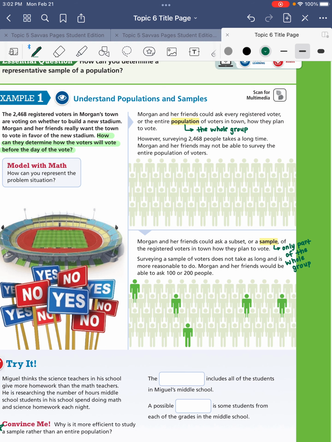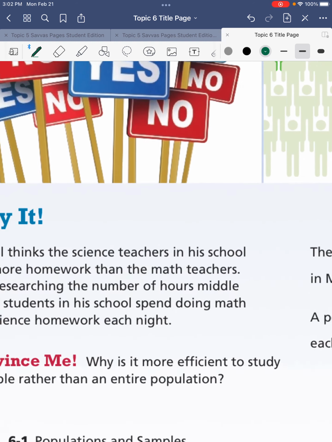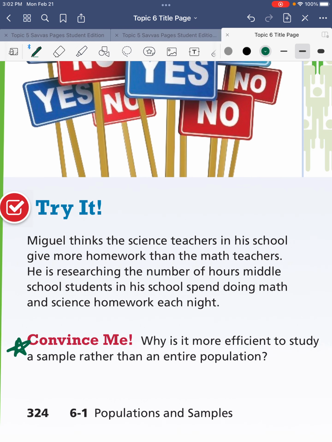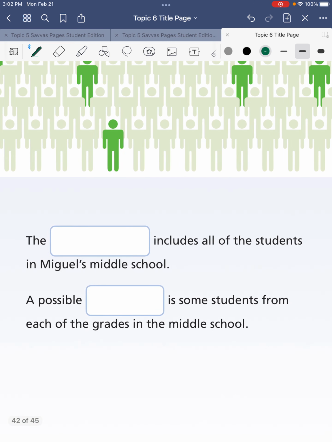Okay? So let's try it down at the bottom. Miguel thinks the science teachers in his school give more homework than the math teachers. He is researching the number of hours middle school students in his school spend doing math and science homework each night. Okay, let's look at these little boxes over here. The blank includes all of the students in Miguel's middle school.